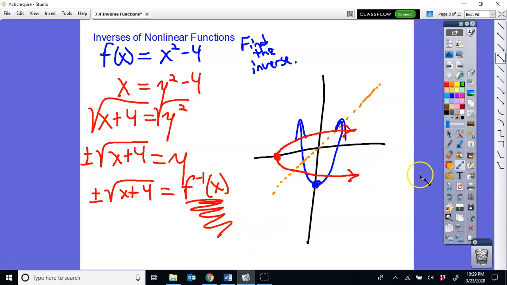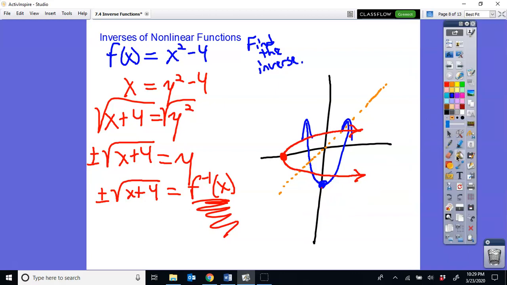So to truly be an inverse function, what you would actually have to do is limit part of this graph here, meaning your original could not be the entire graph of the parabola. That means that you would have to say we're finding the inverse only if x is greater than or equal to 0.